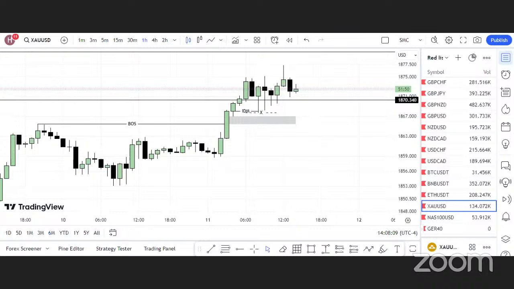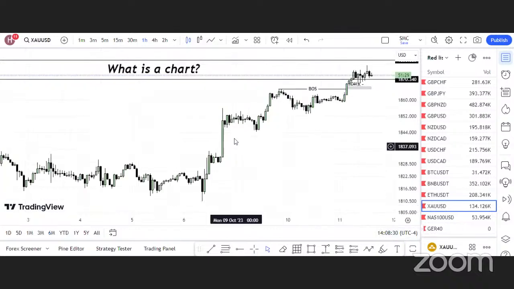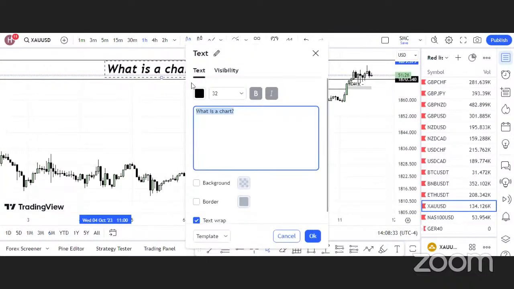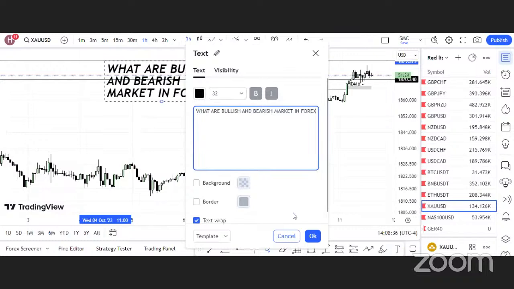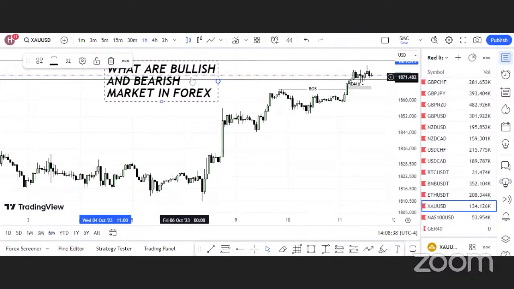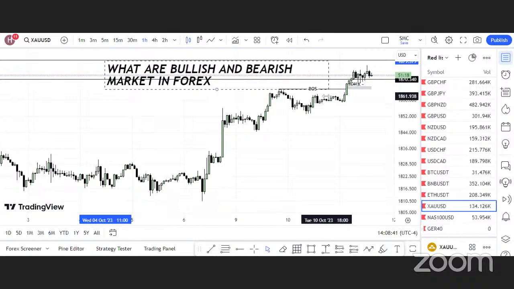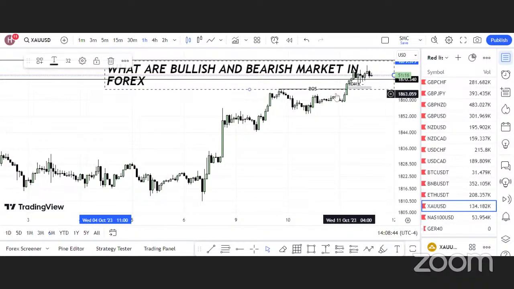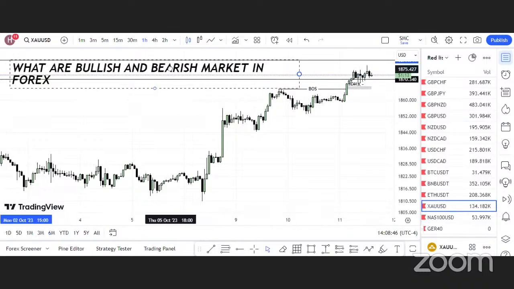The next thing is bullish and bearish in the forex market. So let me write that out also because now we move to another topic. Okay, the bullish and bearish market in forex. So what is a bullish and what is a bearish in the forex market?